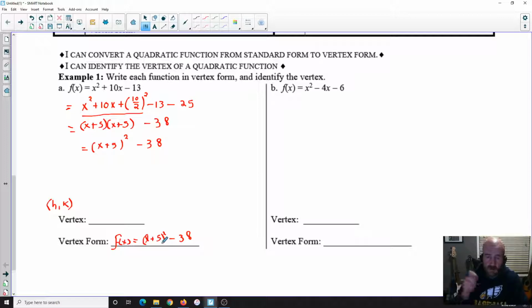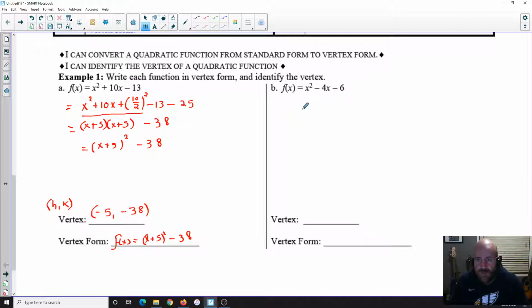When we were dealing with transformations the other day, we knew if it was in the parentheses, we had to think the opposite direction of what we saw. So this is a negative 5 inside. And the k value is just whatever we see, so it's negative 38. That's it. We've completed the square and identified the vertex, and we have vertex form.